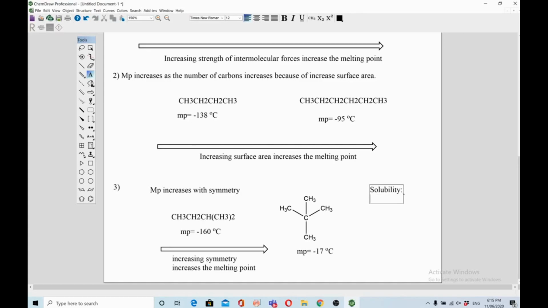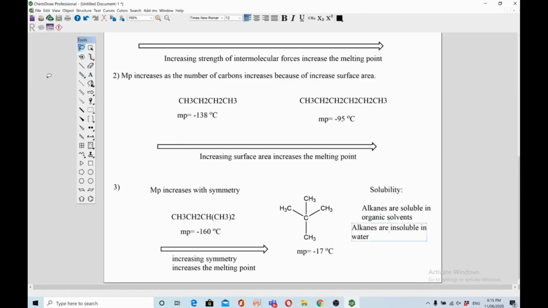So it's clear that alkanes are soluble in organic solvents which are less polar, like hexane, and alkanes are insoluble in water because water is more polar and alkanes are non-polar.